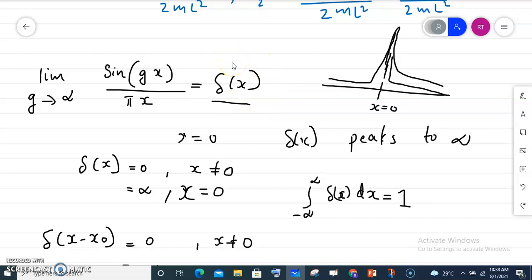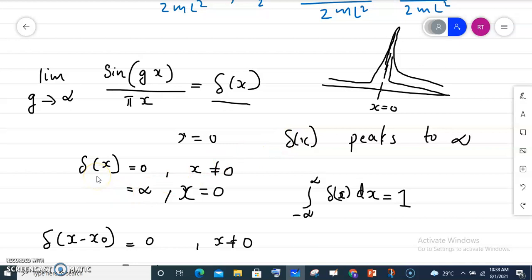That means the function should go to a large value when the variable tends to 0. So delta x peaks to infinity. That is how the Dirac delta function behaves.